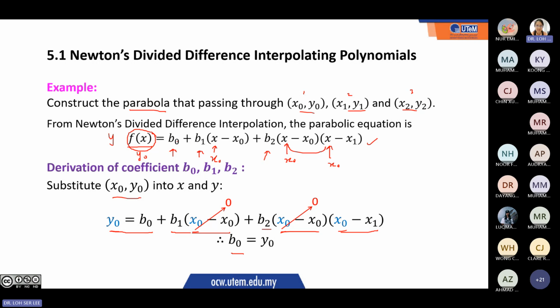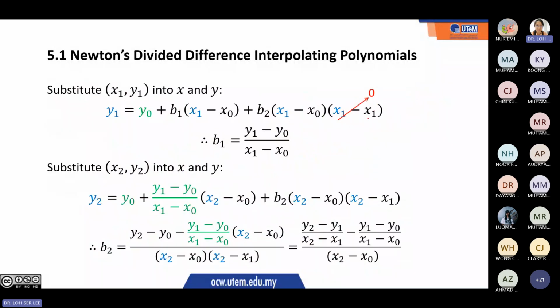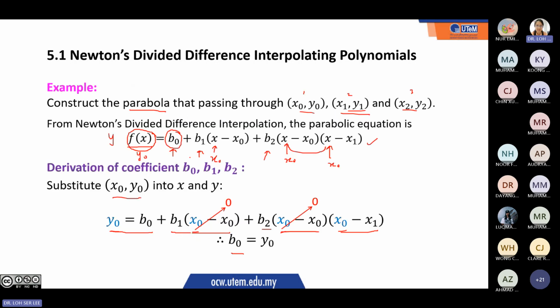Now we have already got B0. Then to get B1, we will substitute the second point into x and y. So again, you will have y1 here, and this is your x1. We substitute x1 into x now. And just now you got your b0, which is y0, so we substitute what we found here.